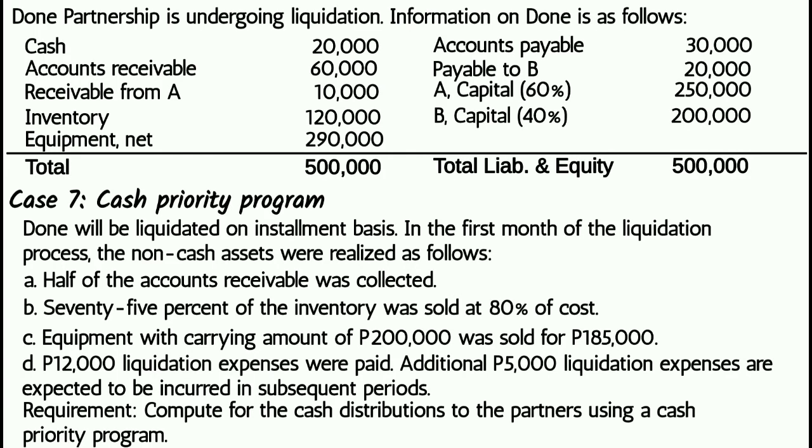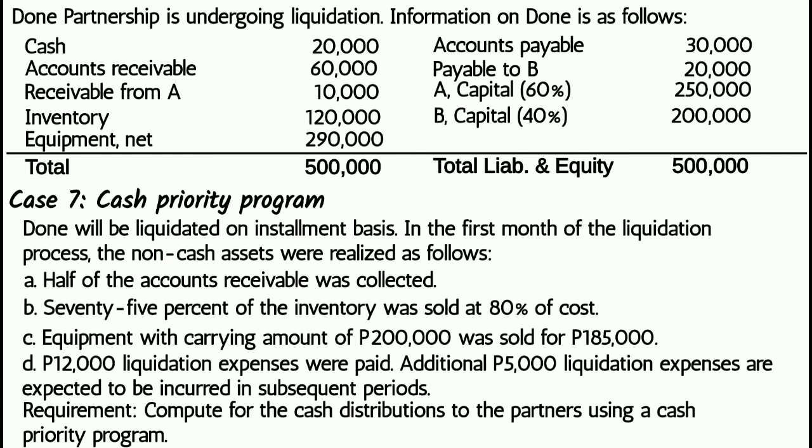Next, Case 7, Cash Priority Program. Done will be liquidated on installment basis. In the first month of the liquidation process, the non-cash assets were realized as follows. A. Half of the accounts receivable was collected. B. 75% of the inventory was sold at 80% of cost.